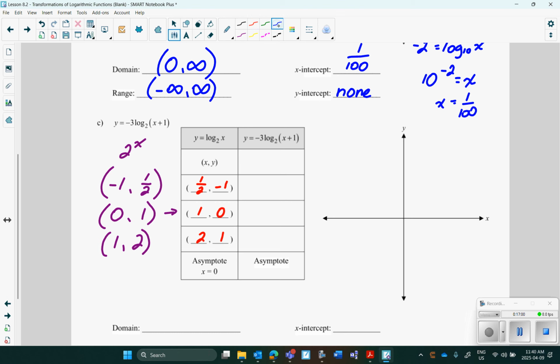Now we have to do the mapping notation. X minus 1, -3y is correct. (1/2) subtract 1.